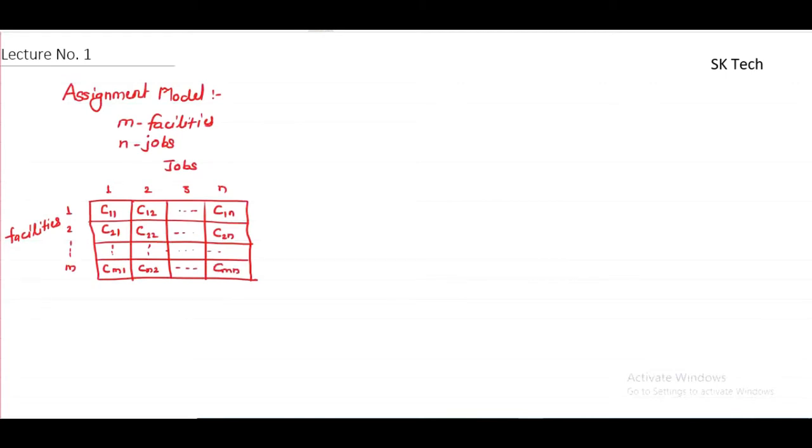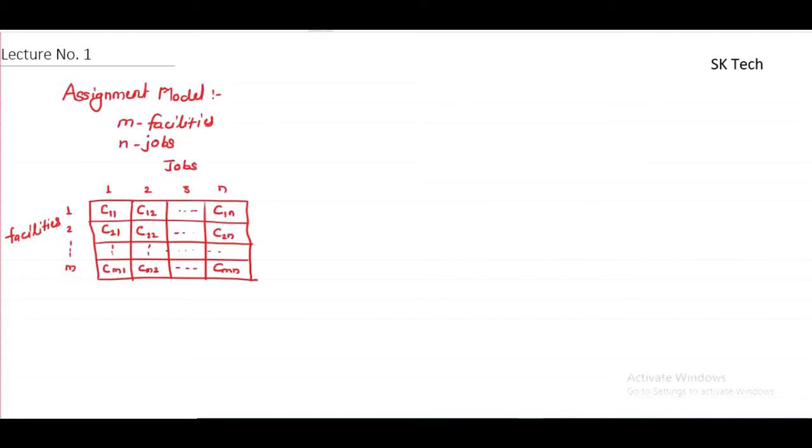So the assignment problem can be represented as an M by N matrix or N by M matrix, that is number of rows into number of columns. In this particular matrix there are M rows and N columns.